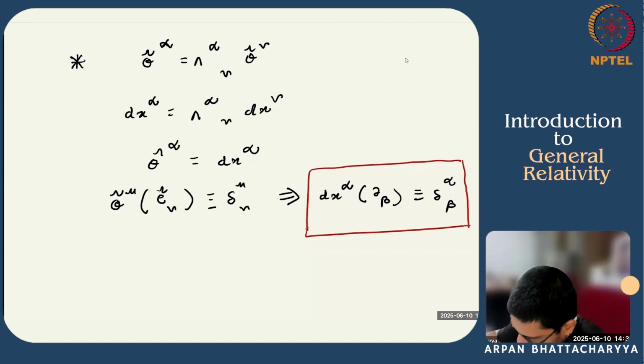So we will end here, and in the next lecture we will generalize these facts for a generic rank tensor and see how it transforms under Lorentz transformations and so on. Thank you for listening.